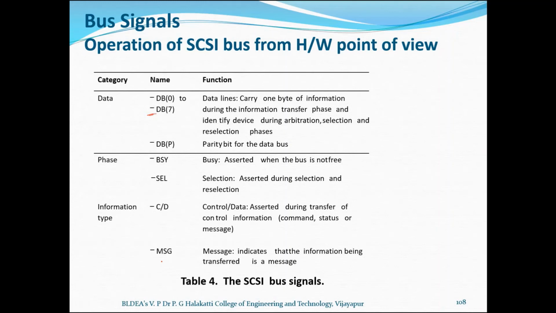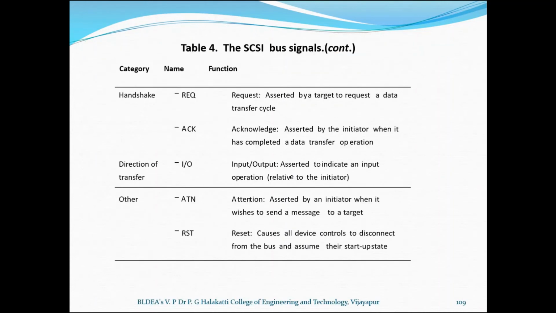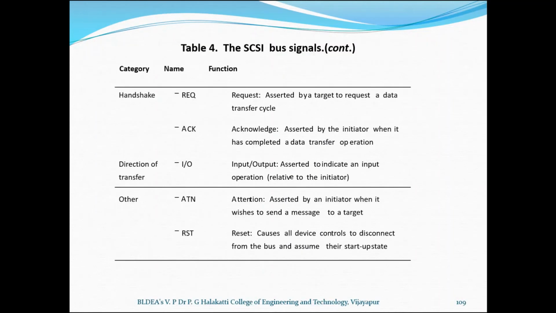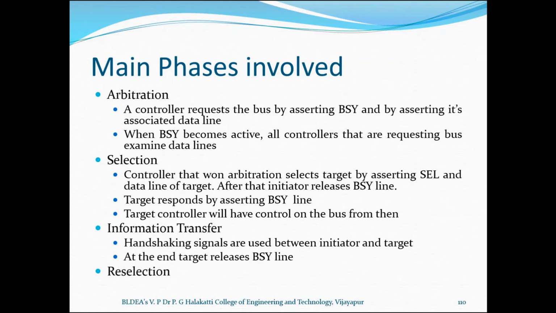And MSG stands for message, indicating that the information being transferred is a message. So these are some of the bus signals, like data, phase, information type, handshake signals, direction of transfer, and others.